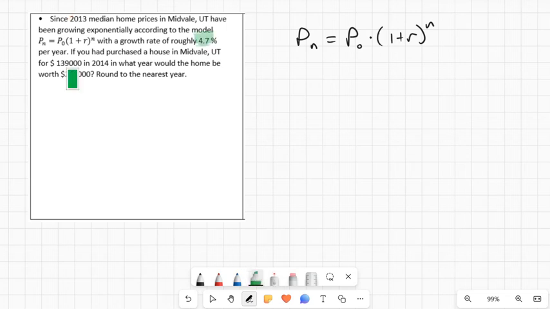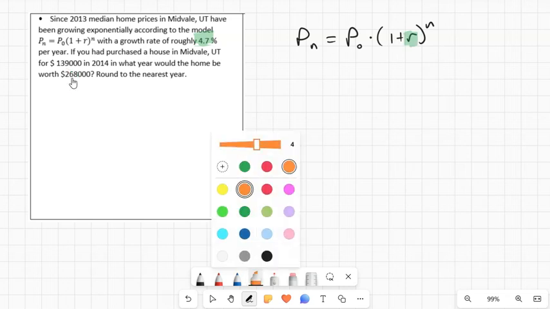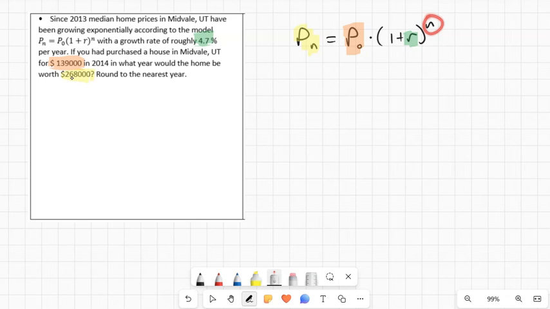We have the growth rate, that'll go in R, although we'll have to divide by 100 to make it a decimal. We have the original P sub 0, and then we have a final value in P sub n. That leaves us one variable left over, n, the number of years it took to grow from 139,000 to 268,000.